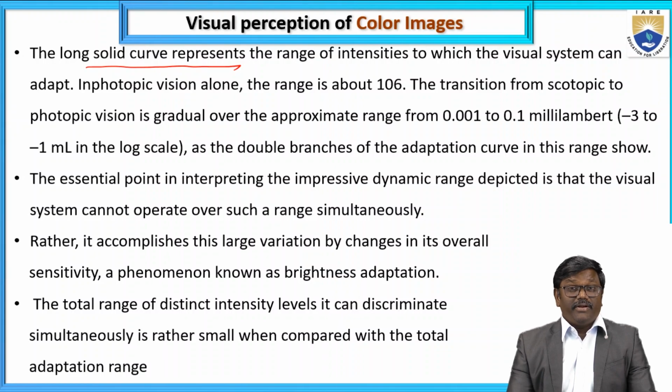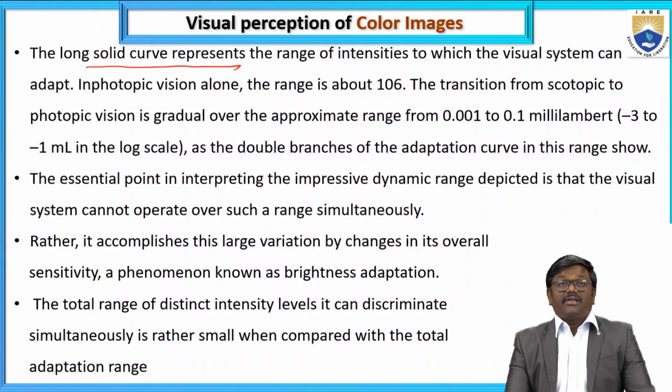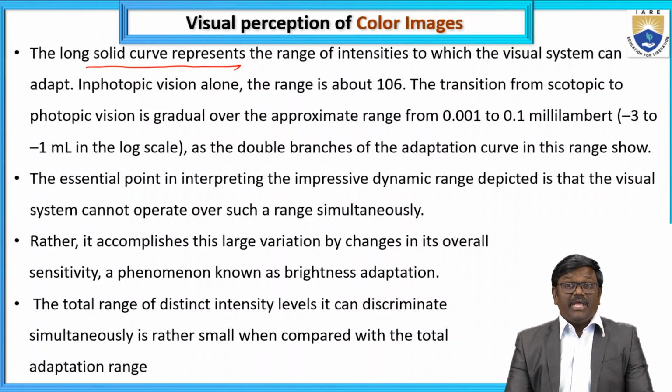The essential point in interpreting this impressive dynamic range is that the visual system cannot operate over such a range simultaneously.